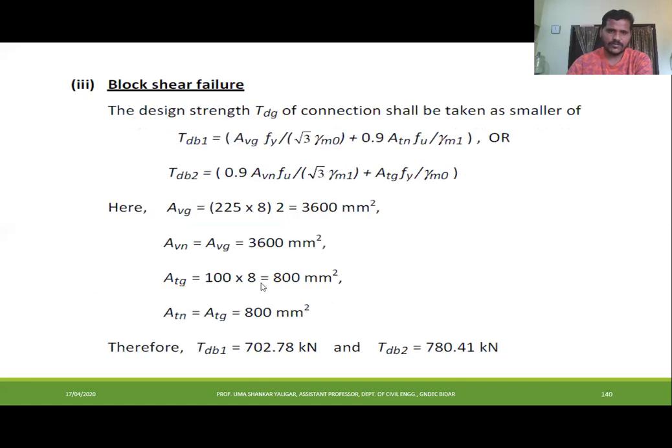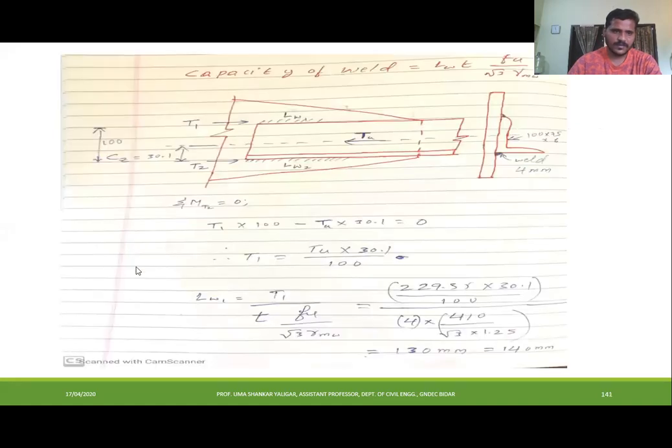Here there are no bolts, hence Atn is equal to Atg. If you get all these four values and substitute them in these two formulas, Tdb1 and Tdb2, you will get two values: one is 702.78 kN, another is 780.41 kN. Out of these two values, the lowest value is 702.78 kN. This is how we calculate the design shear strength.